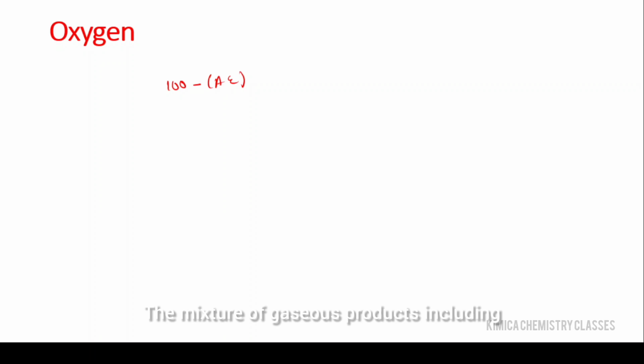The mixture of gaseous products including oxygen is passed over red hot coke. All the oxygen combines with carbon to form carbon monoxide. The mixture is then passed through warm iodine pentoxide, and carbon monoxide is oxidized to carbon dioxide and iodine is liberated.